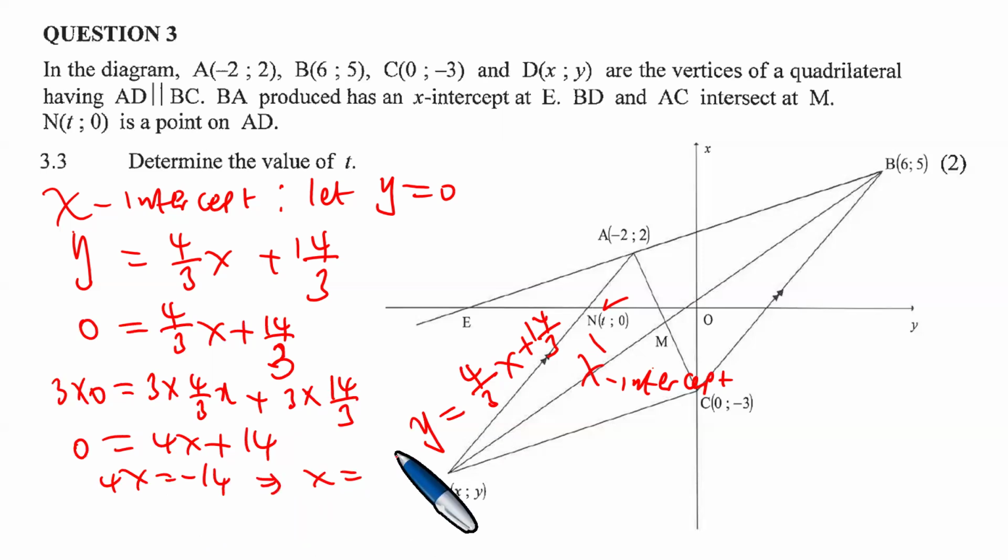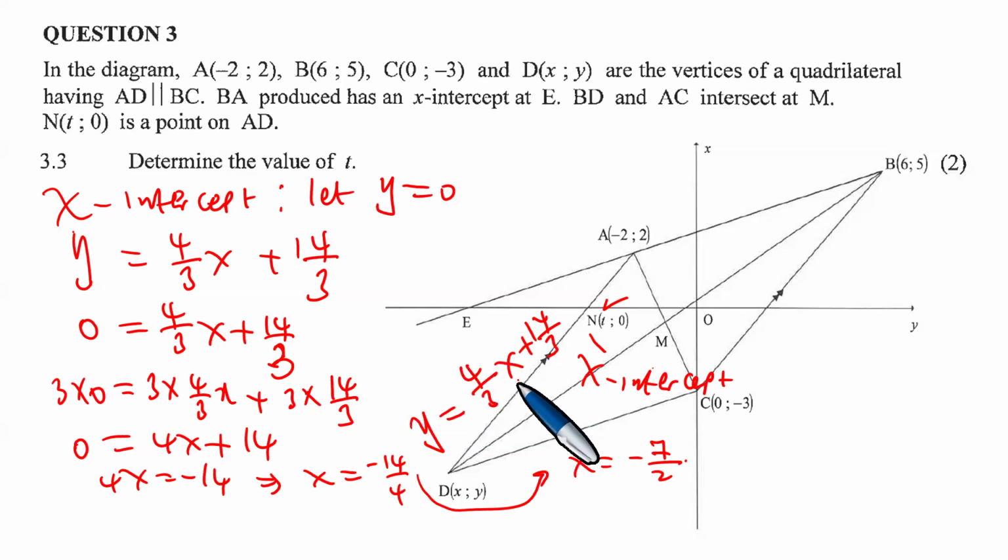Therefore, x equals minus 14 over 4, which is equal to minus 7 over 2. And obviously, it means a couple of things.